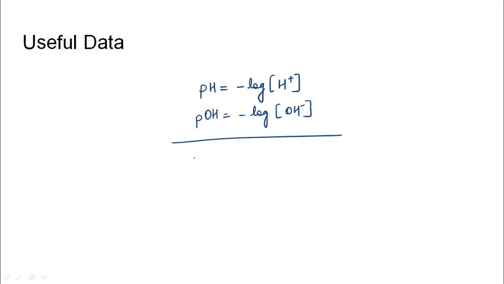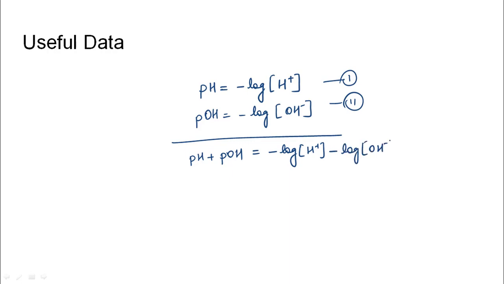So if we add them together, that is pH plus pOH, from equation 1 and 2, we would get minus log of H plus minus log of OH minus. So this would turn out to be minus log H plus into OH minus.